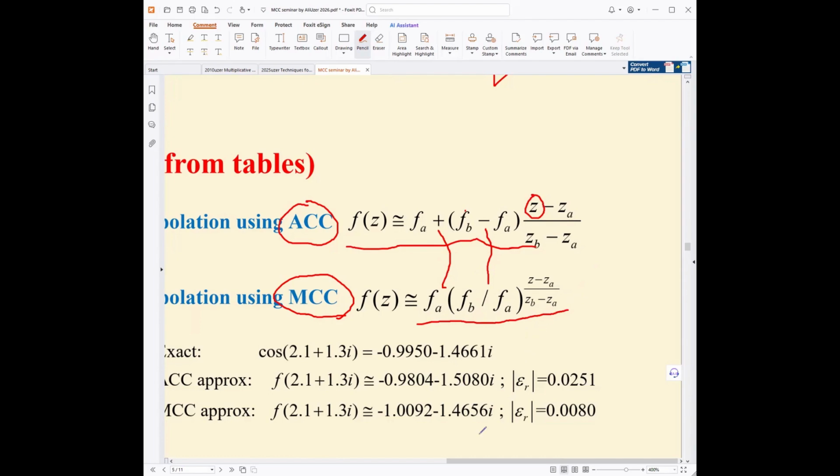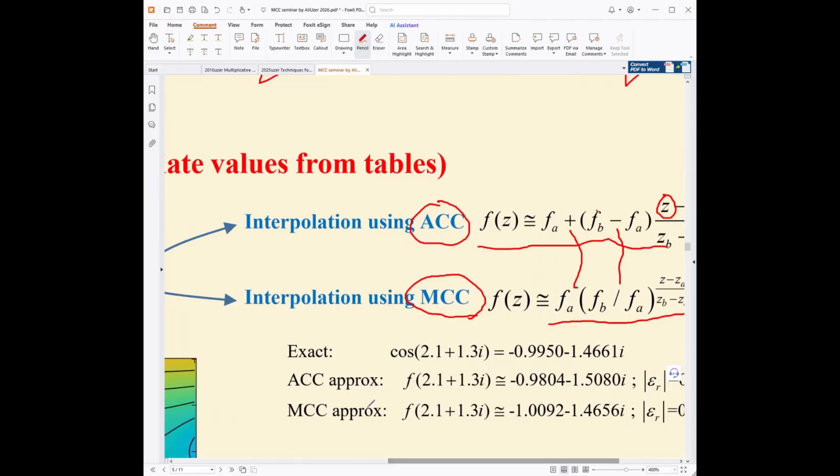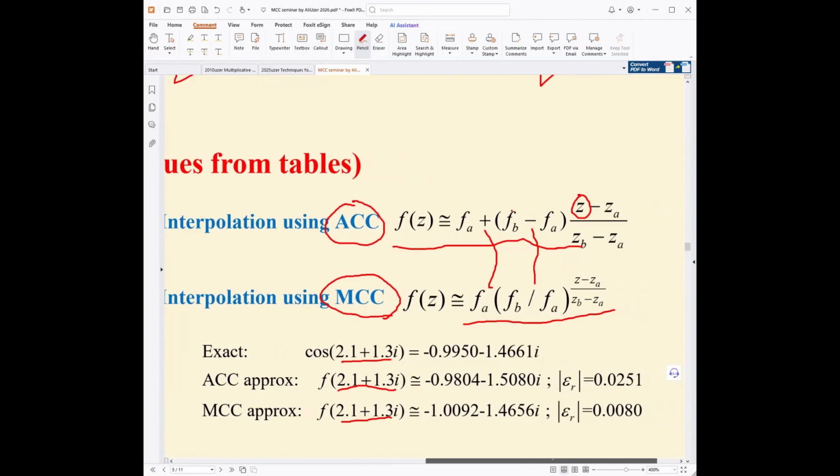If we calculate the function and the approximated values at the argument 2.1, then we get these two results. One obtained according to the additive calculus has an error on the order of 0.0251. If the calculation is made using multiplicative calculus, its error is much smaller, 0.0080.